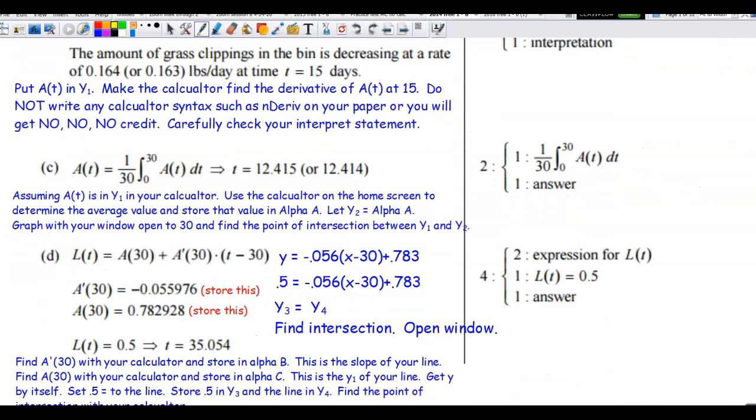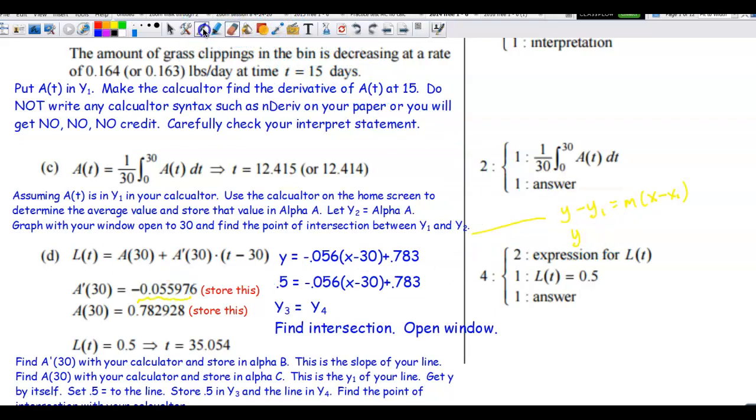All right, so let's look at the work down here. You can see the College Board work is a little fancier and could be confusing for you. So over here, I would start with y minus y1 is equal to m times x minus x1. And on the calculator, remember what I said is we would find a of 30, and we would store that number in our calculator.